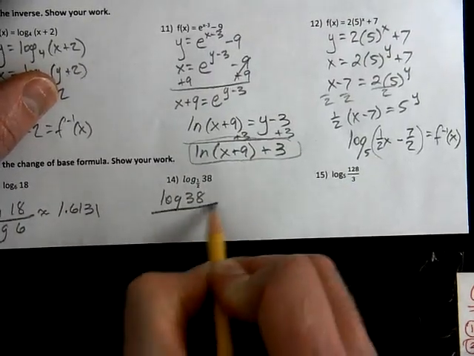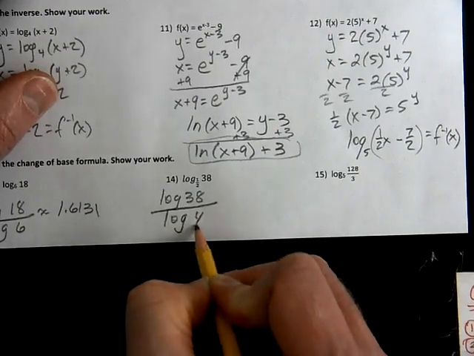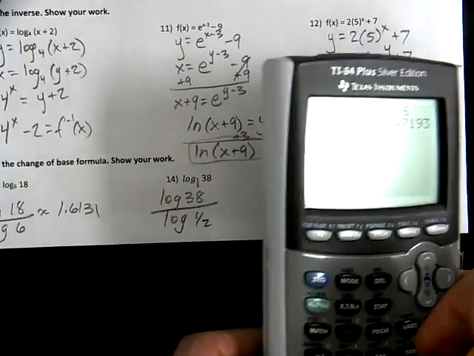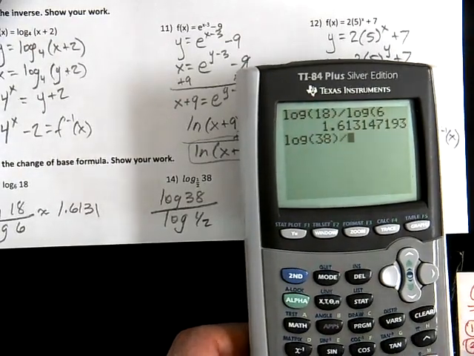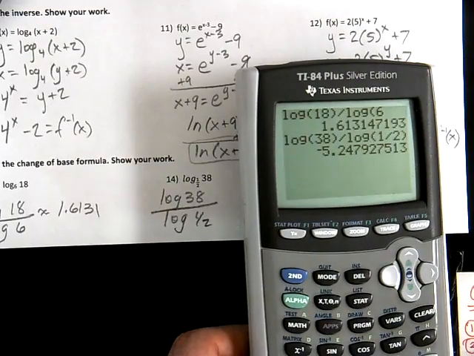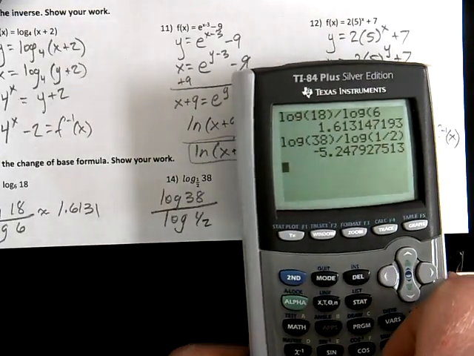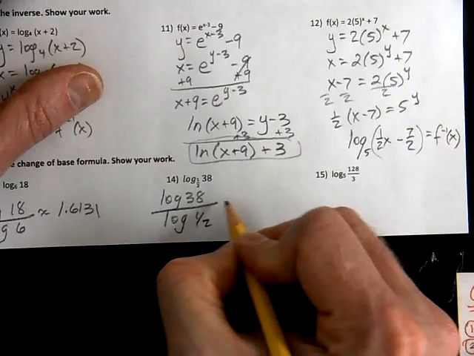Log of 38 over log of a half gives us negative 5.24.